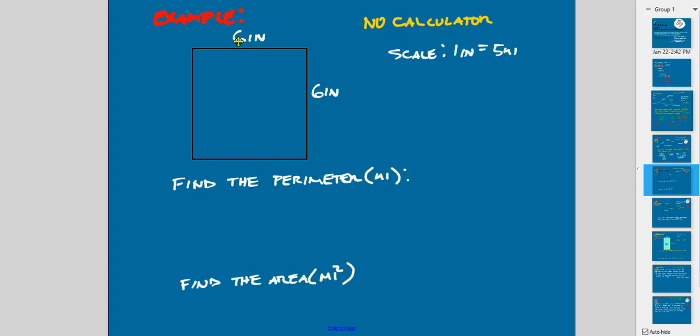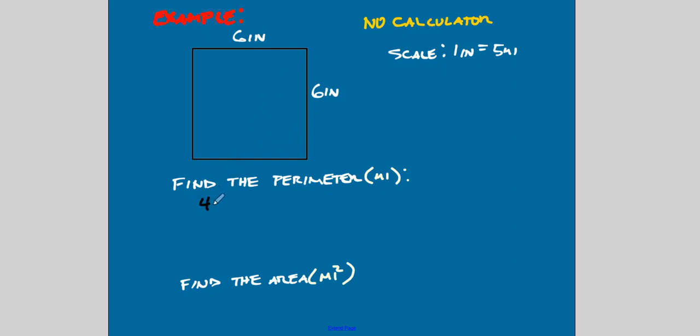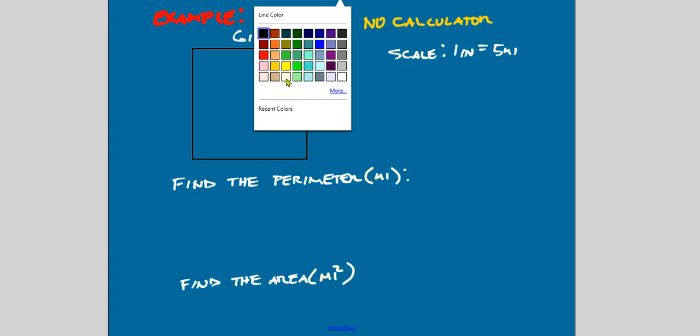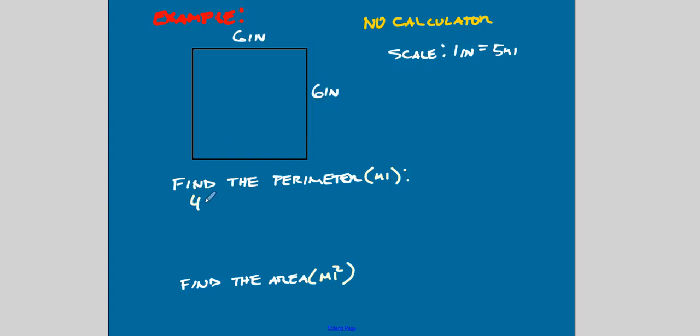So to find the perimeter, this is a square, so I'm just going to add all this up. A square is going to be 4 by 6 inches for the scale, because you've got 4 sides that are 6 inches each. So that's 24 inches.